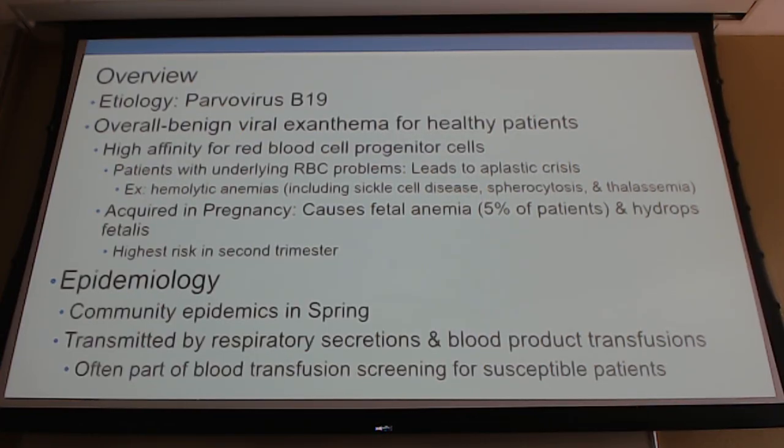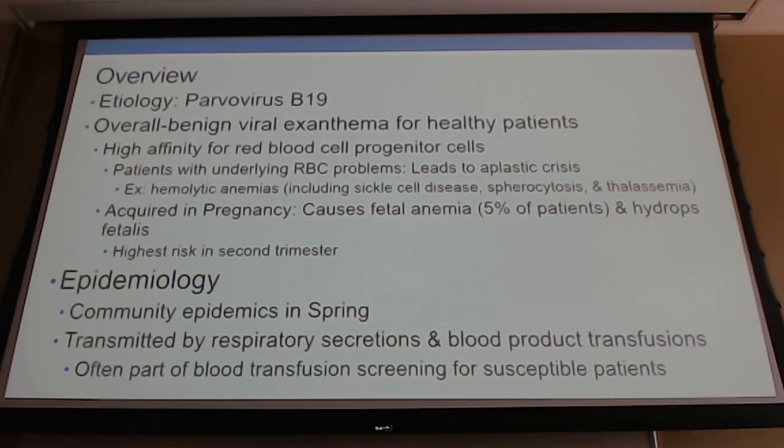So if you have sickle cell, thalassemia, severe iron deficiency, severe anemias, any kind of hemolytic anemia where you're continually breaking cells down, you're going to have problems with parvo. Anything with that myeloid lineage is where you see this. Those kids are then at risk for an aplastic crisis.